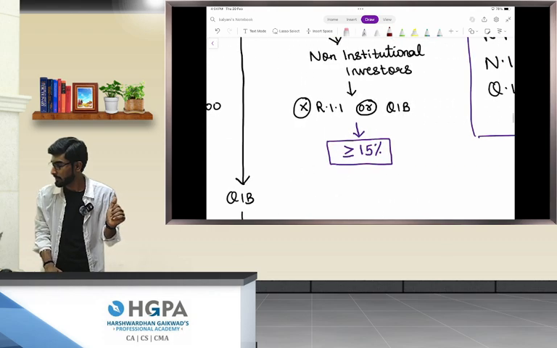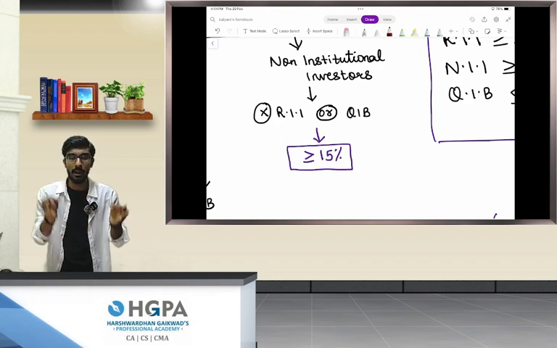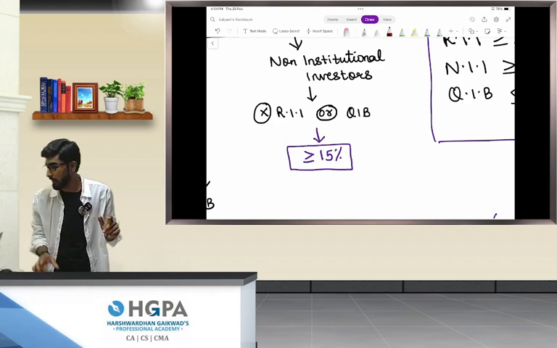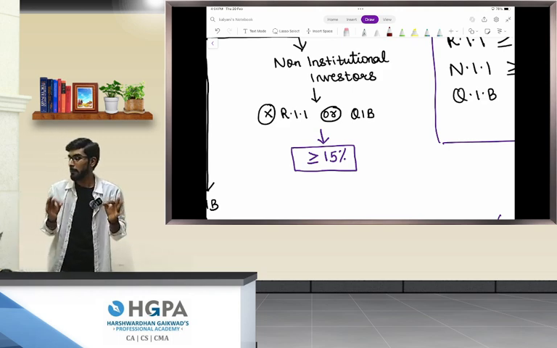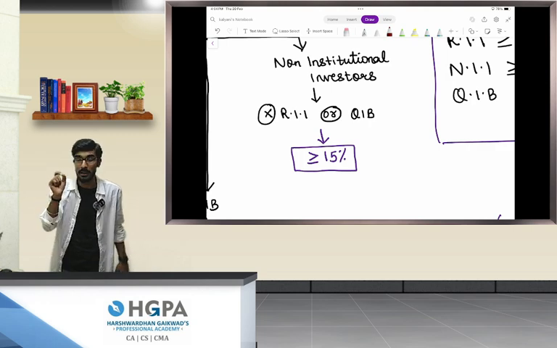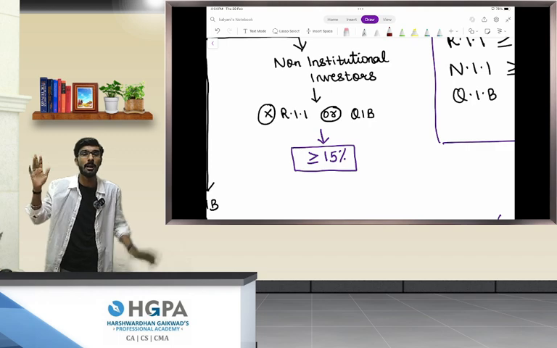Clear? Next, to people like Nikhil Kamath, Bill Gates, Warren Buffett, a minimum of 15 shares out of 100 should be given.